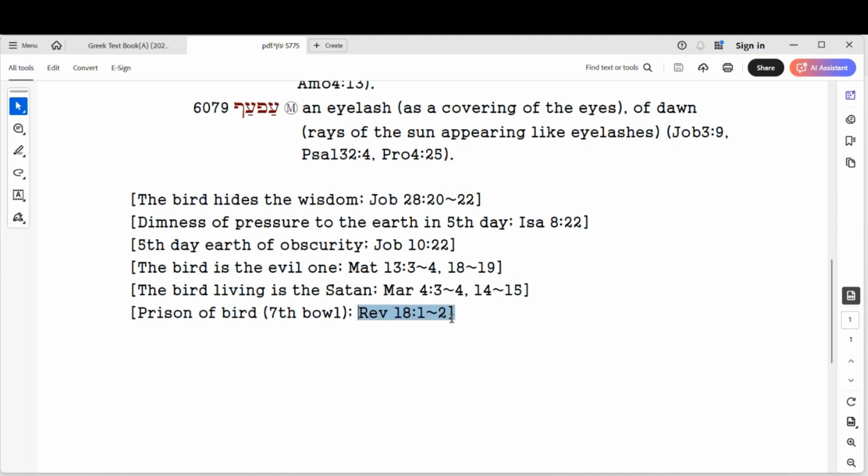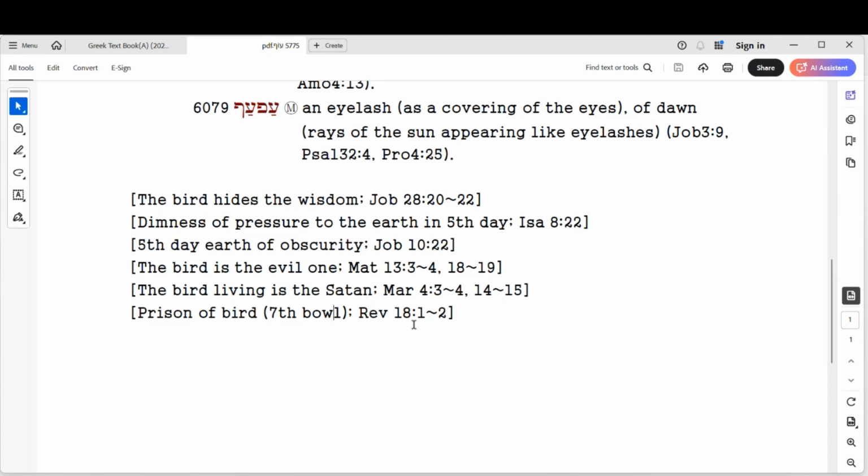So let's start with the book of Revelation, chapter 18, verses 1 through 2. This is the seventh spore process. So when the seventh trumpet is sounded, which is the gospel of peace, at the same time when I hear that seventh trumpet, then the seventh spore is happening inside me.